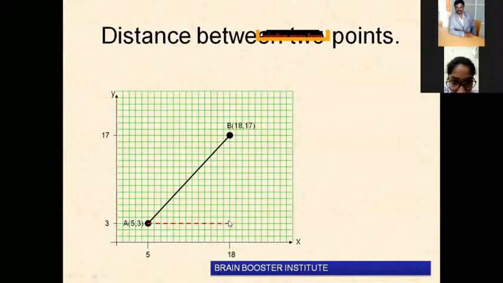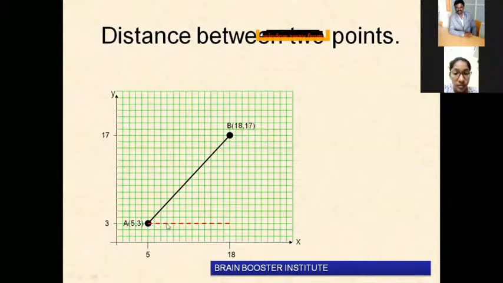From the y-axis to this particular point there are 18 units, but we need to find the length of only this red line. Is it fine or not?